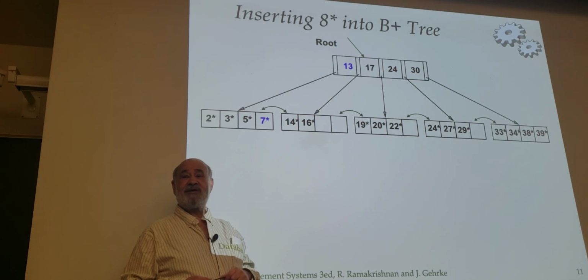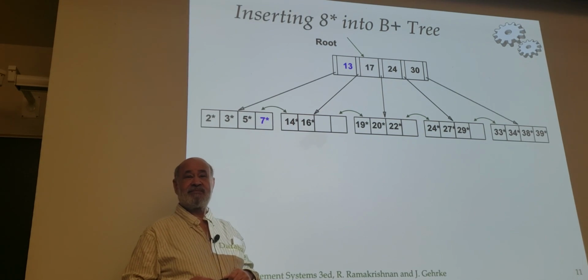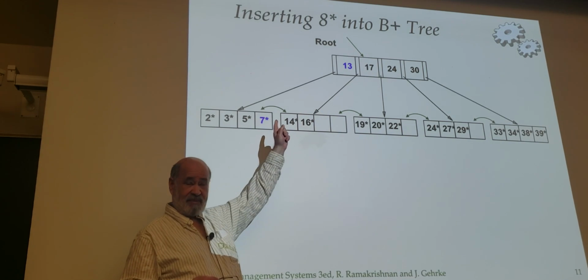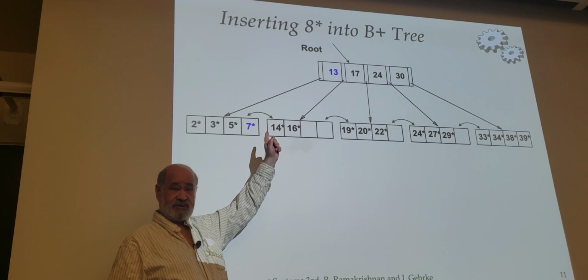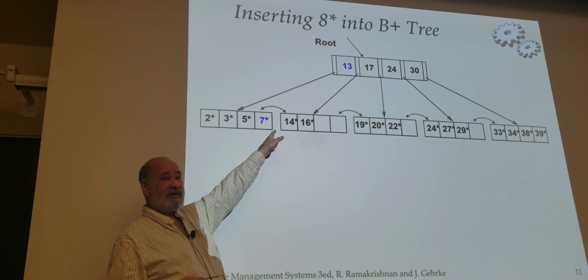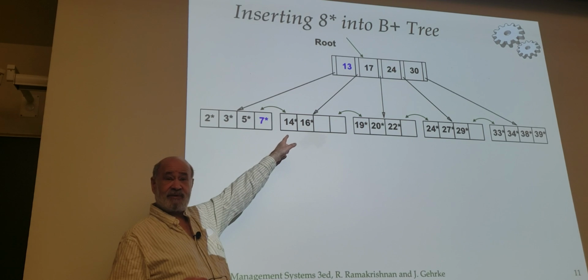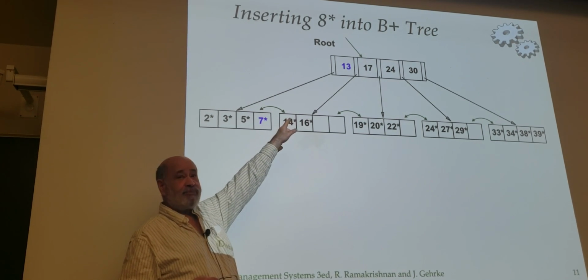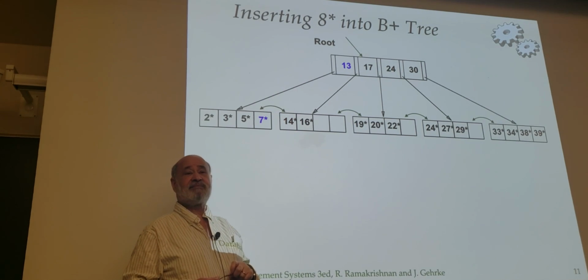What else do I need to do if I do that approach? Change the root. Change the traffic cop up above, which in this case happens to be the root. So that instead of having the division based on 13, the division would be based on 8. Yes. So I could put the 8 in here, so it would be 8, 14, 16, but then that blue 13 up there has to become an 8.